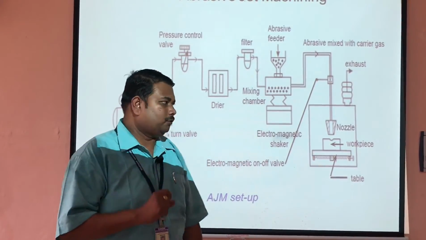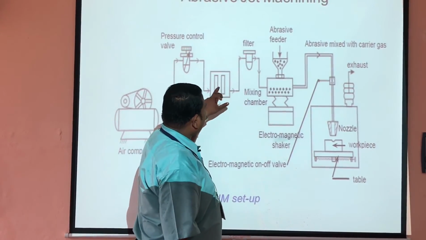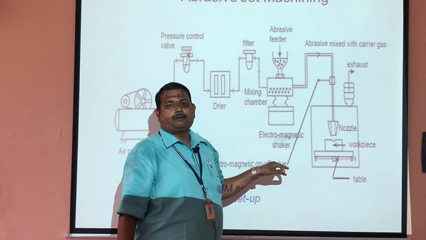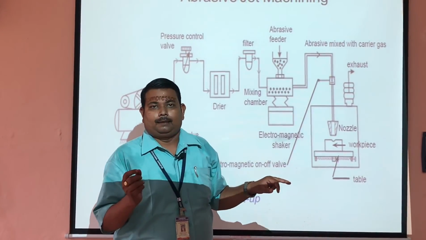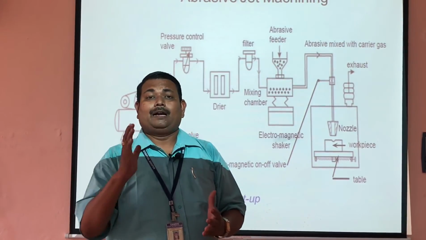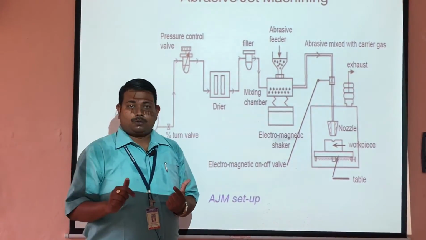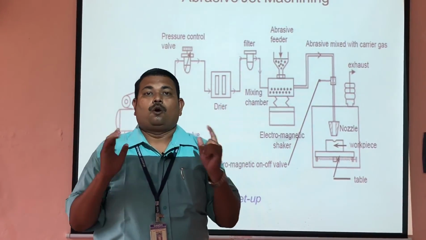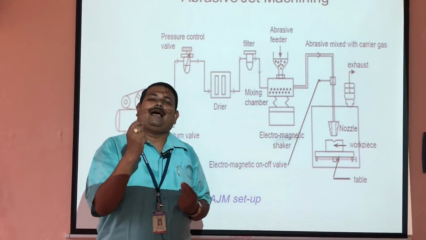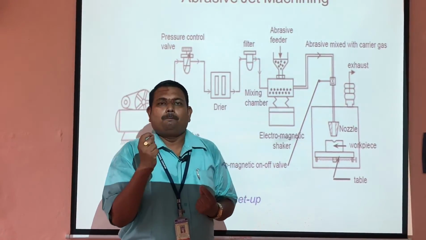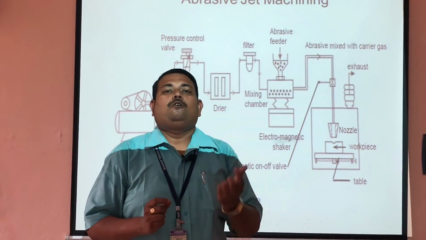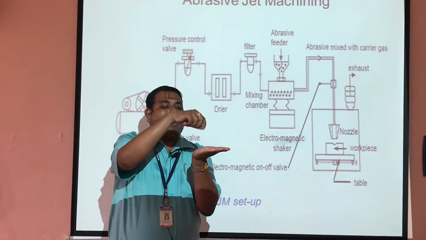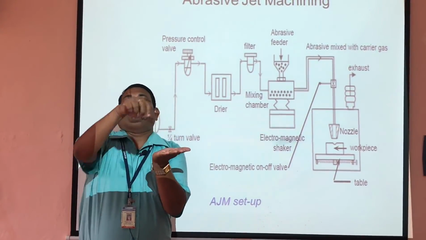Why do we require a filter? If foreign particles are present in the air, they will mix with the abrasive particles. If the foreign particles and the abrasive powder enter the nozzle, the nozzle may get blocked, or sometimes if the foreign particle size is very small compared to the abrasive particle, then the indentation of the abrasive particles on the workpiece will be gathered at a particular place.